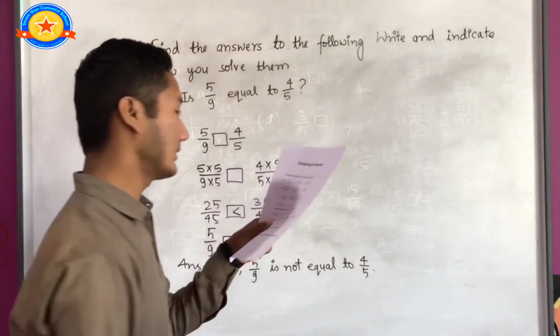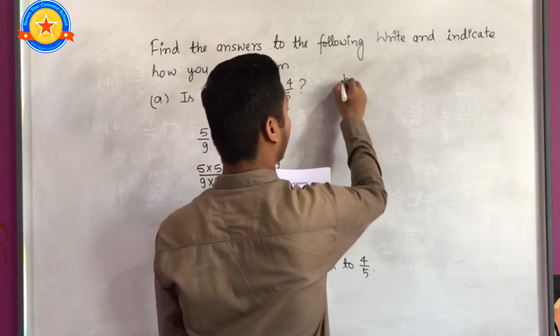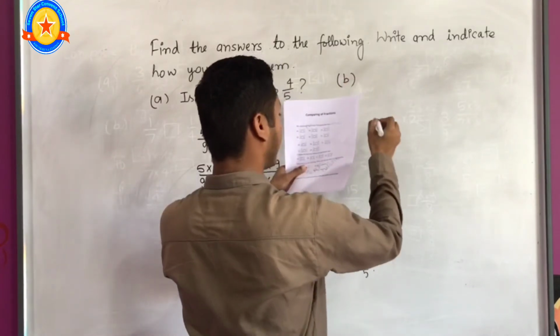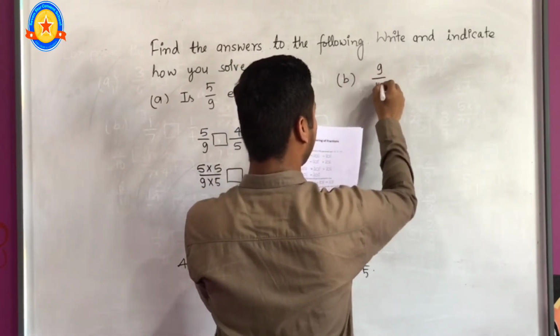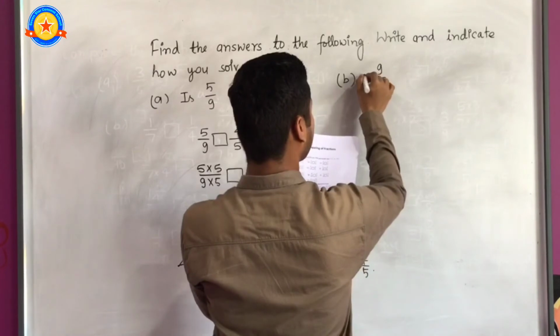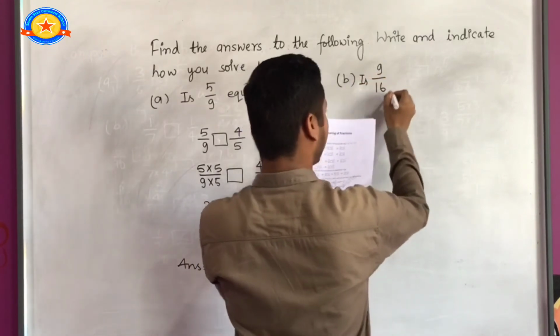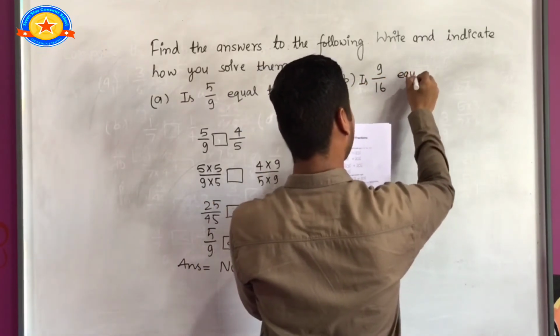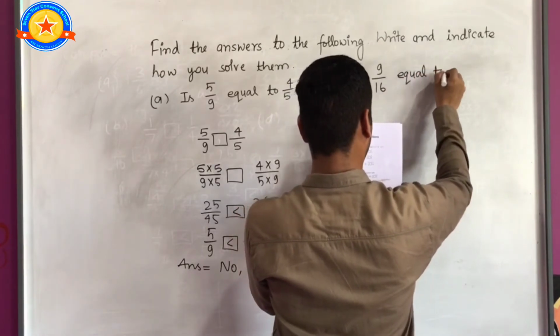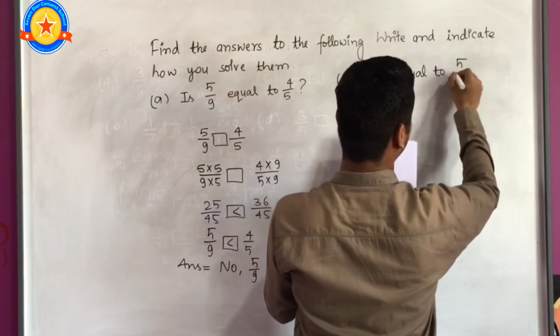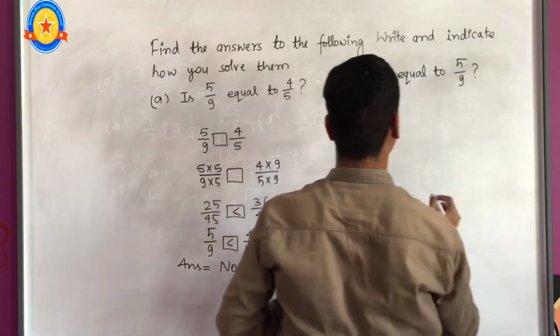Our next question is B part, which is 9 by 16, is 9 by 16 equal to 5 by 9? Let's check.